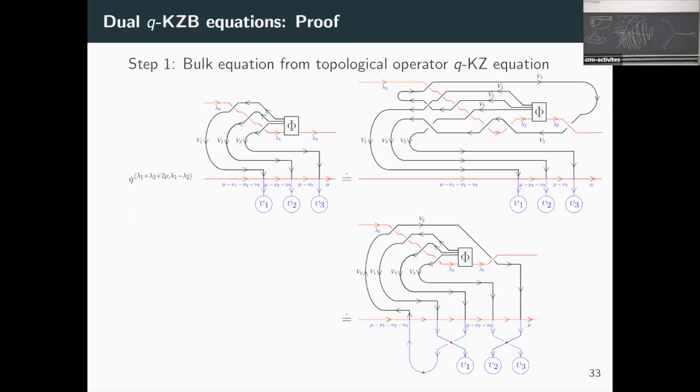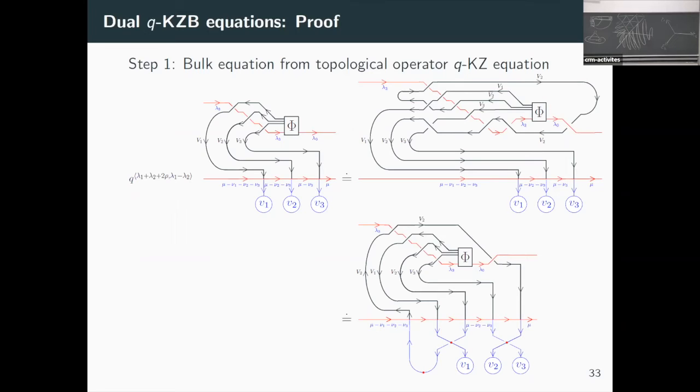And we do the same thing as before: we put in the scalar q to the power, like we had before. This reminds us of plugging in twist elements, one twist and one inverse twist. We can recognize this precisely due to the topological operator q-KZ equations that we proved before. So these are just the plugged-in diagrams that we've proven before.